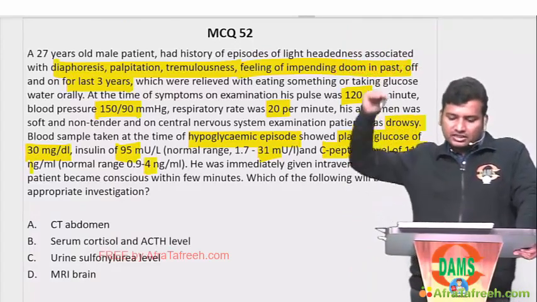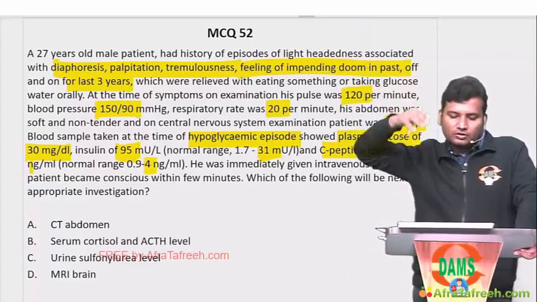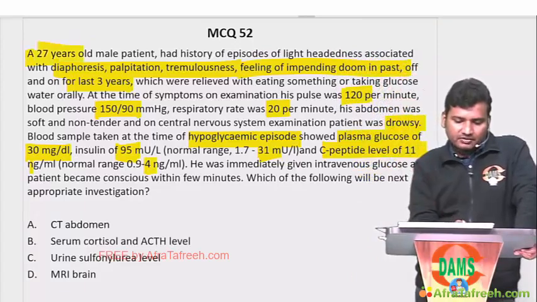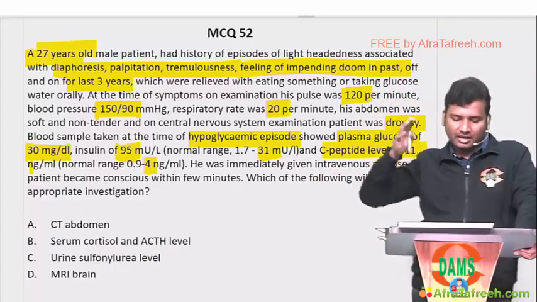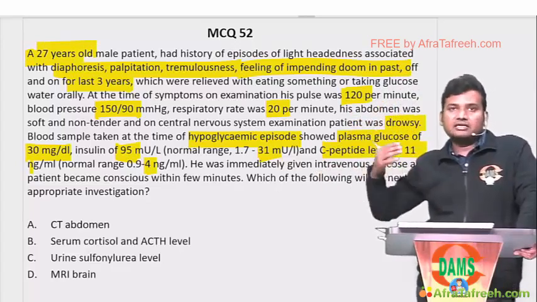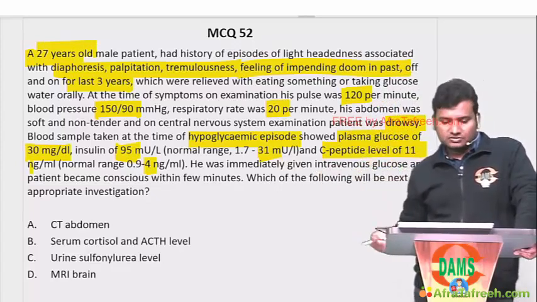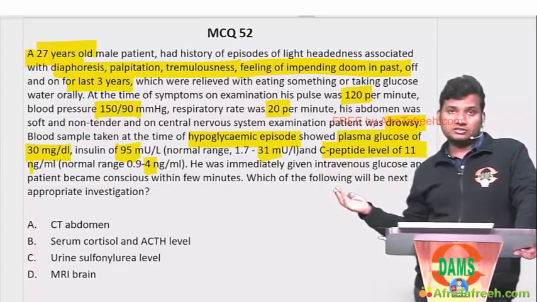So insulin is increased, C-peptide is increased, both are increased. So it is endogenous insulin. Young patient, no history of drug, having recurrent hypoglycemia, and increased secretion of endogenous insulin, we will suspect a tumor.